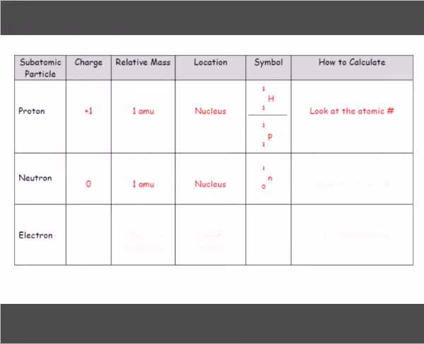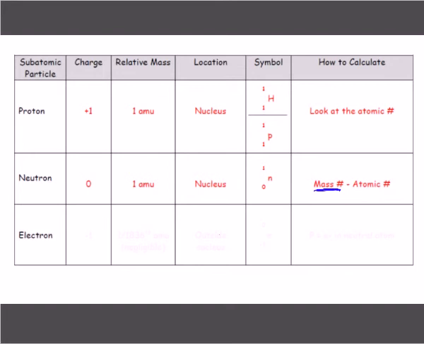Their symbol looks like this. If you look again on Table O, the neutron symbol is there as well. Now, these ones are going to be a little bit more challenging to calculate, which is one thing we're going to be practicing. You take the mass number minus the atomic number. Think about it, guys. What this is saying is that the mass of an atom is made up of protons and neutrons.